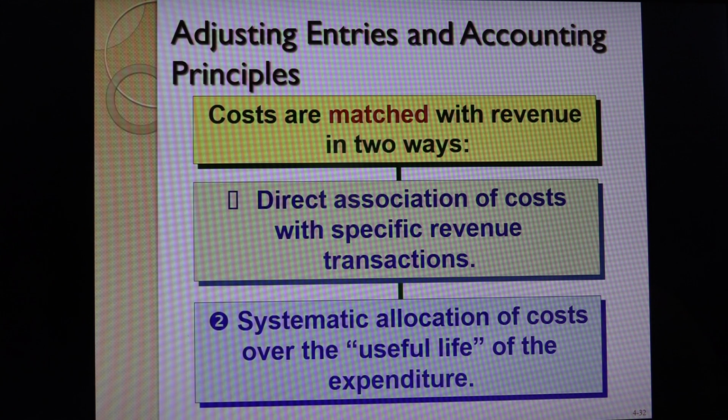So like fixed assets, the equipment example we looked at, or the building in this case. There you try to match up expenses with the revenues by systematically allocating the cost of the asset over its estimated useful life. So that's a little harder to match.